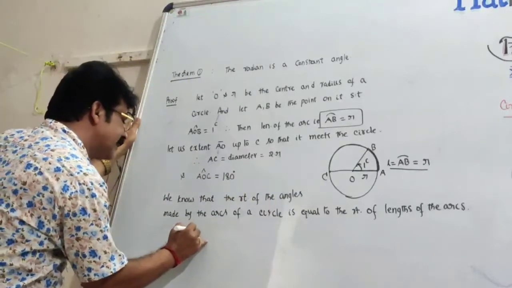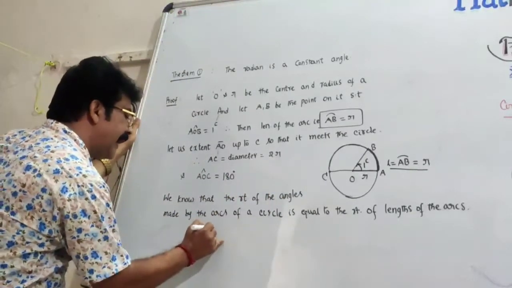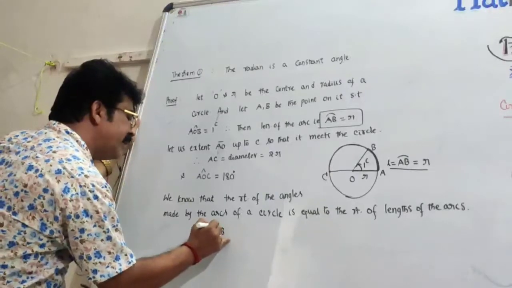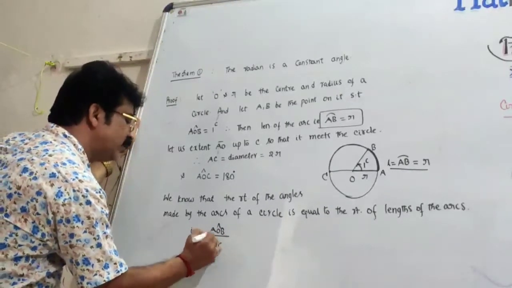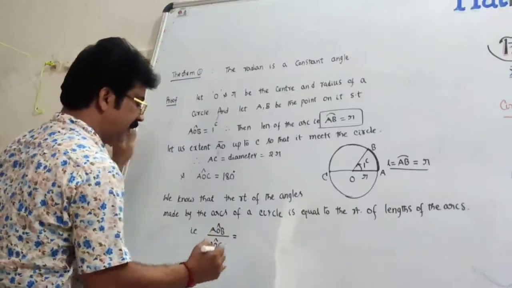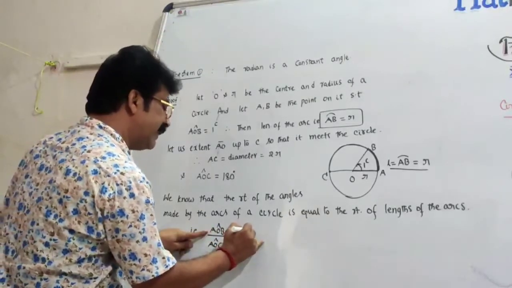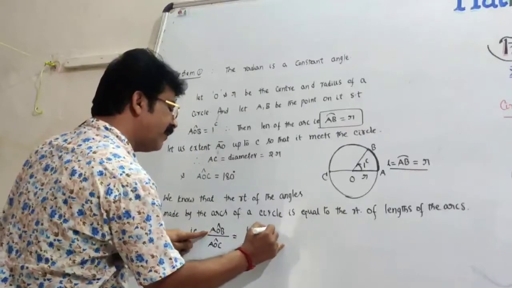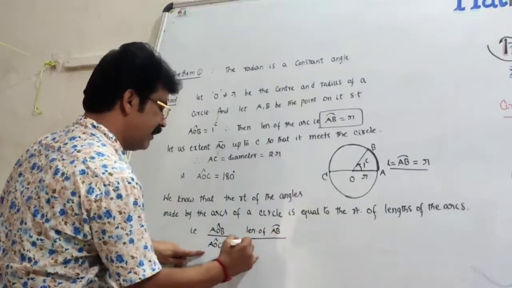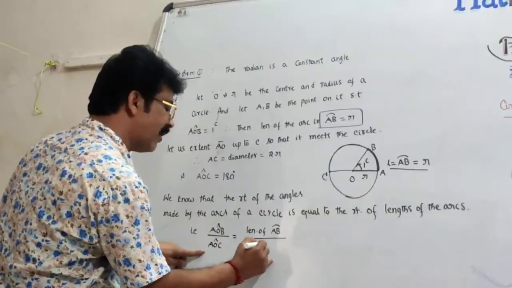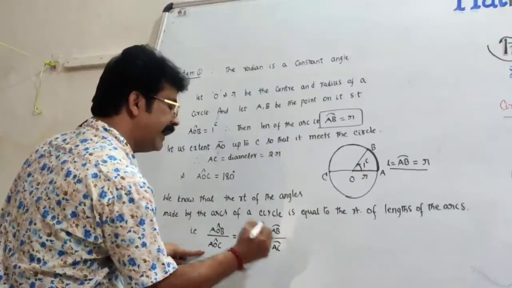That is, angle AOB divided by angle AOC is equal to the length of arc AB divided by the length of arc AC.